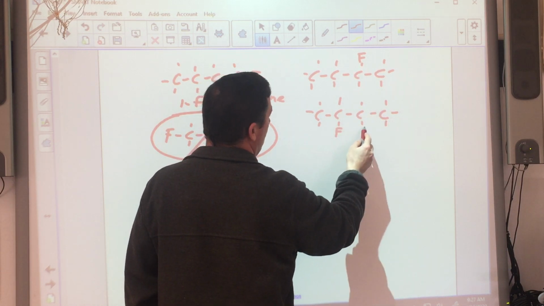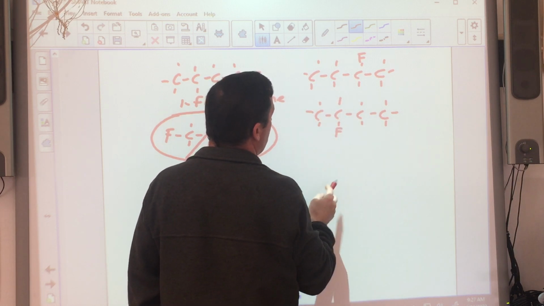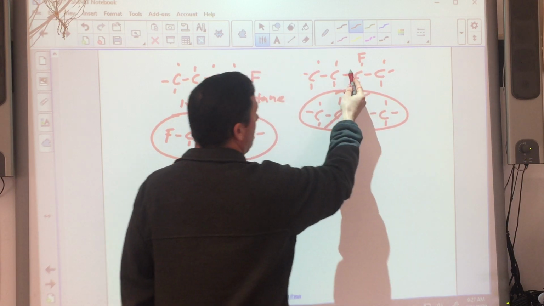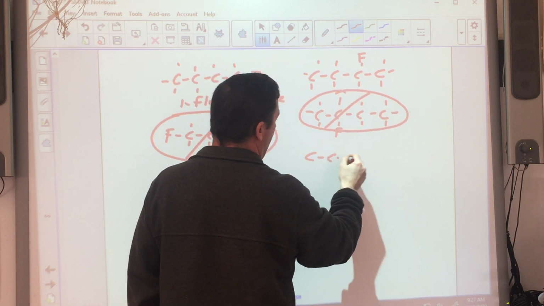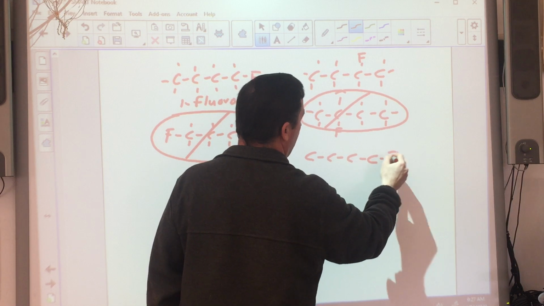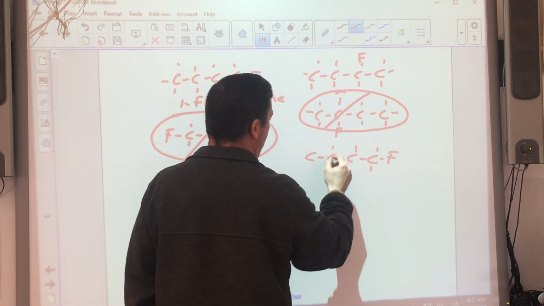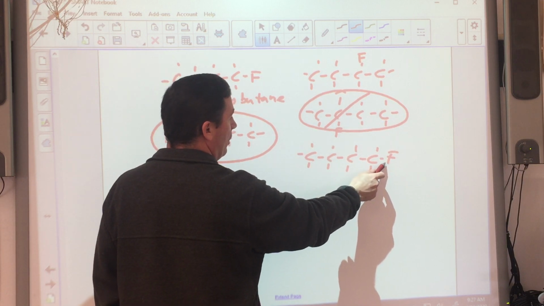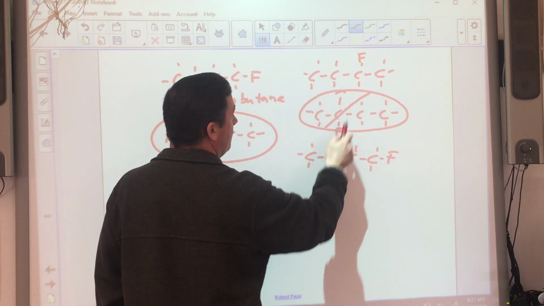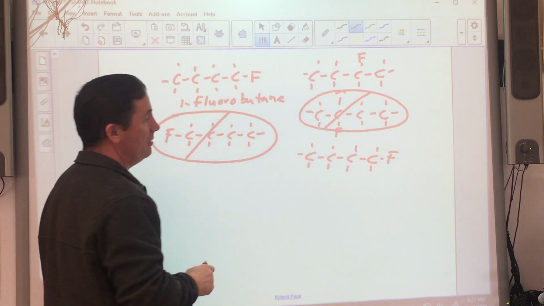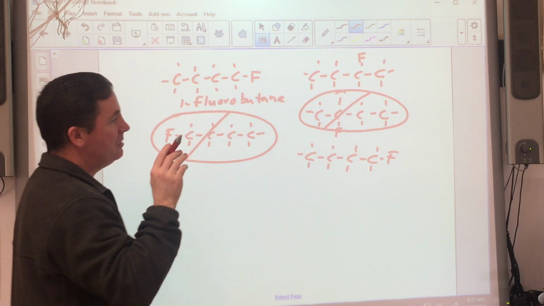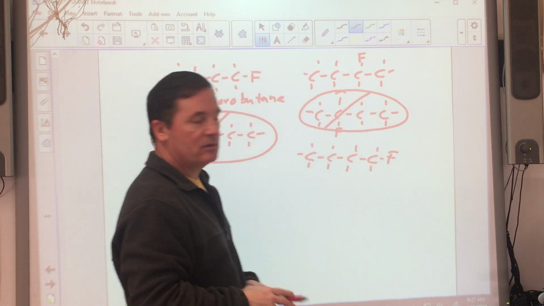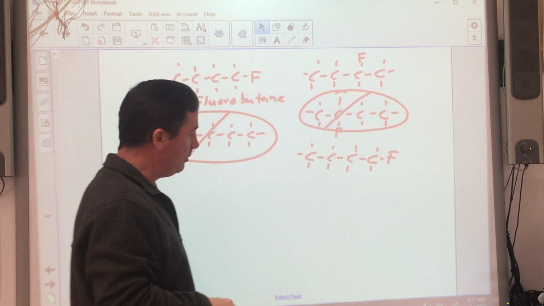If I wanted to make an isomer out of that one, I would have to put it on the end. This is 1-fluorobutane. This is 2-fluorobutane. They have the same molecular formula, but they have a different structural formula.